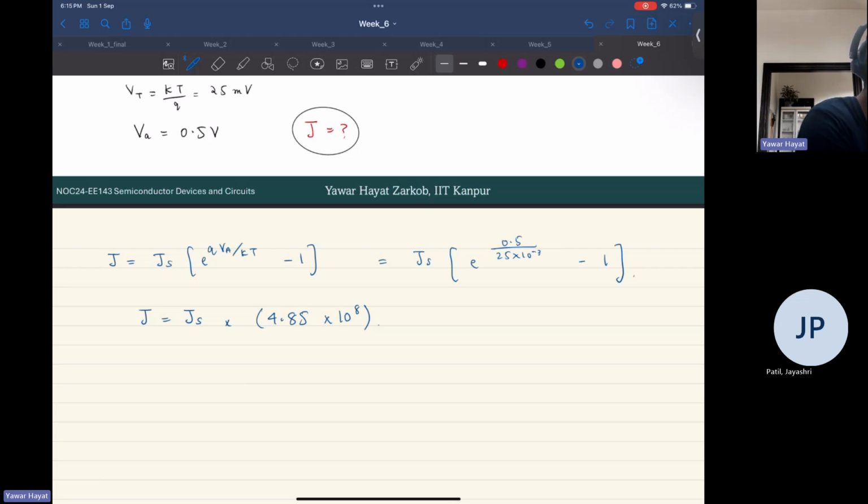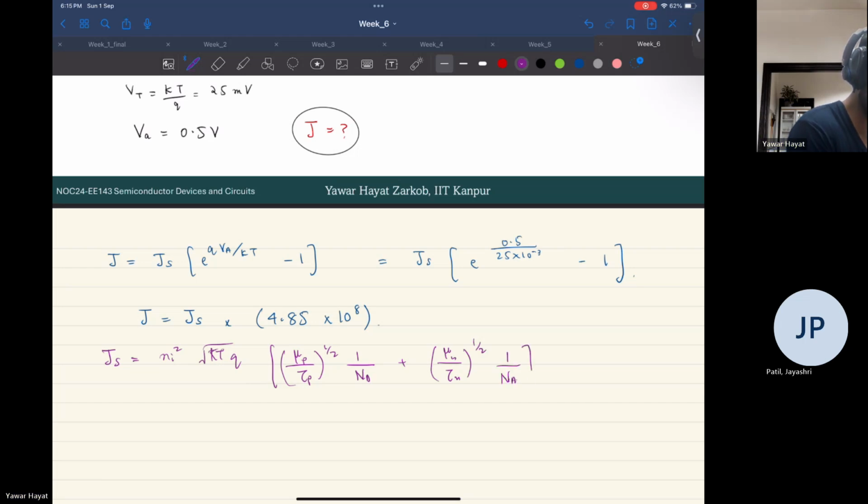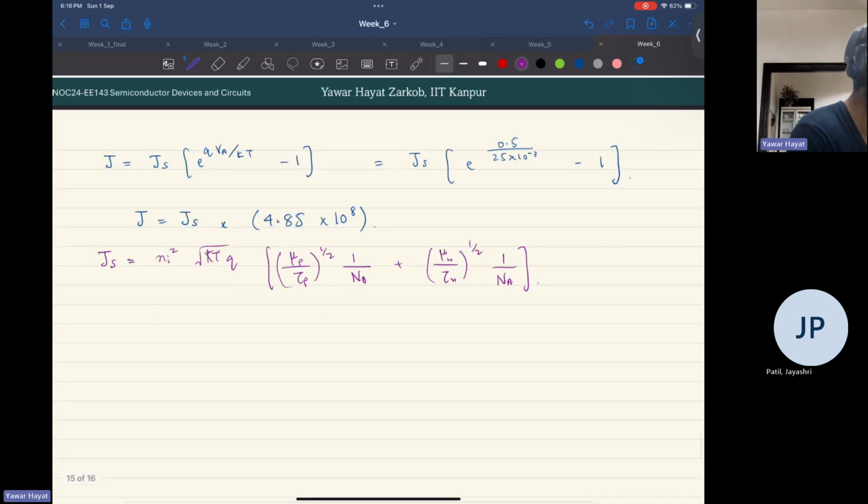What about Js? See, your Js is this. Js is given by your Ni times square root of kT by q, then you have mu p by tau p raised power 1 by 2, 1 by Nd, plus mu n by tau n raised power 1 by 2, 1 by Na, right?